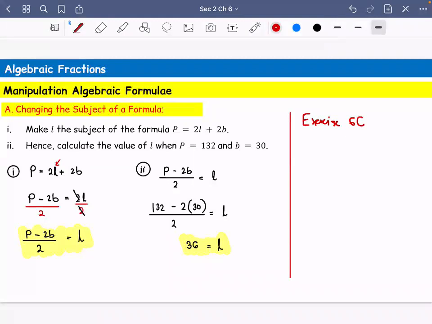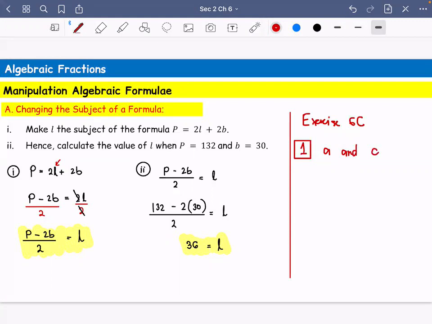Let's answer number 1. Please answer number 1. Get a pen and paper there. Number 1, A and C. I'll give you 5 minutes.